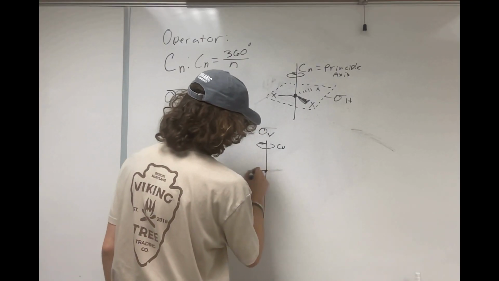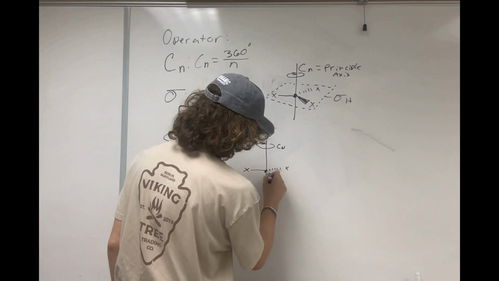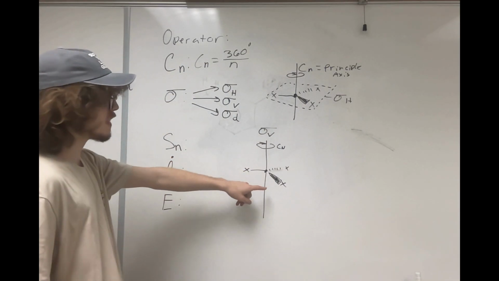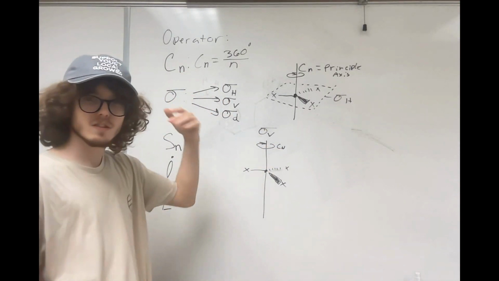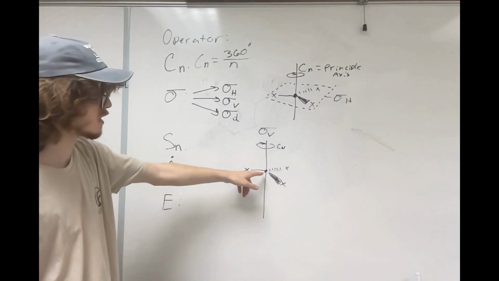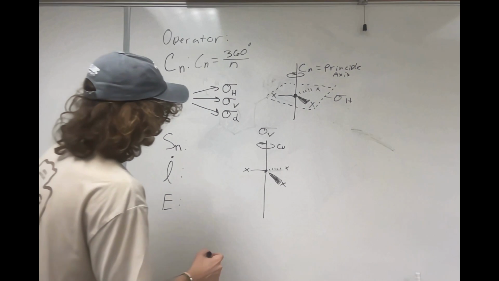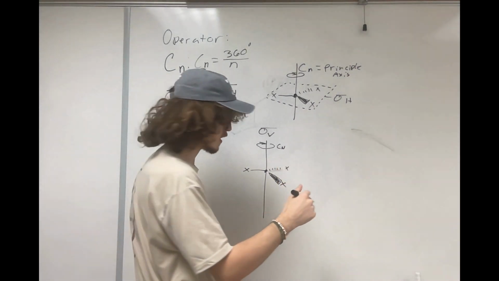Let me just draw them like I have been. We have our groups, which you could think of as the ligands or the atoms themselves that are projecting from the central atom. We call that sigma v symmetry. So it would look something like this. I'm going to do my best to draw this. I'm probably going to fail.